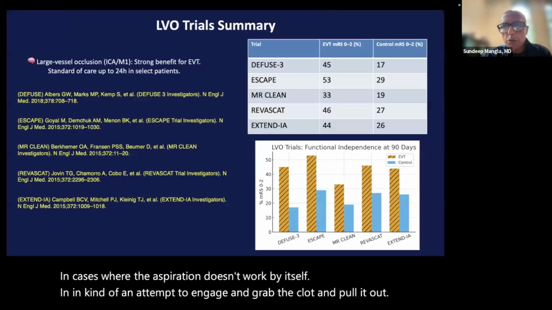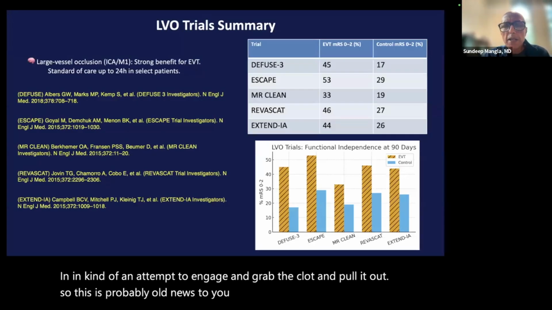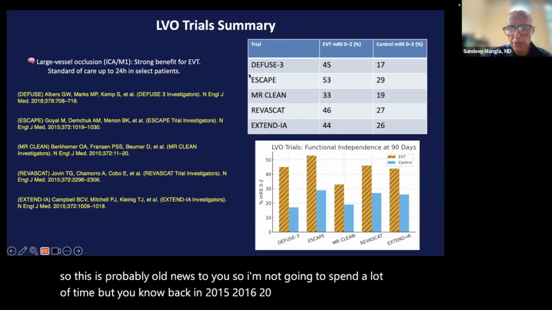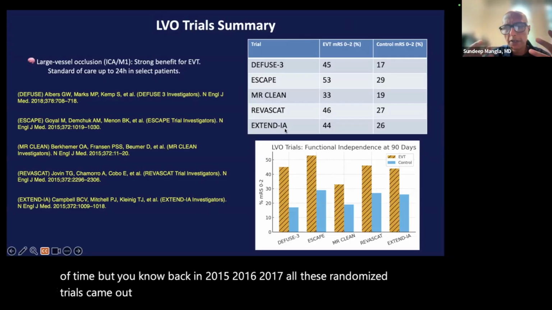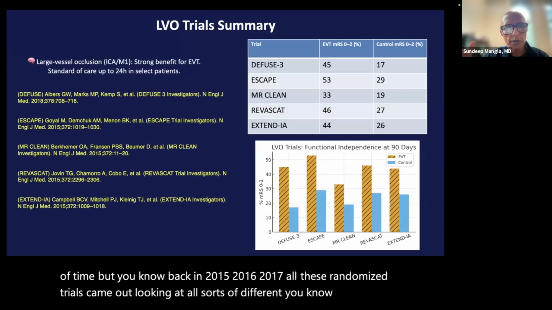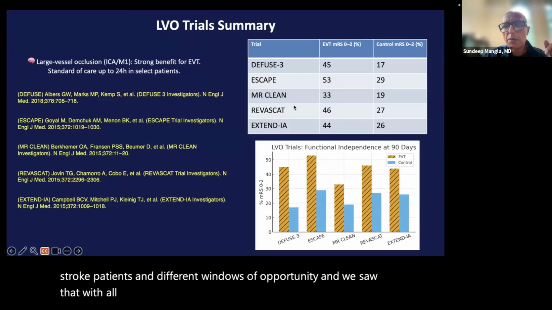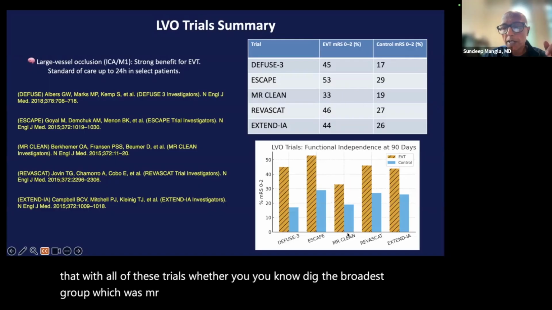So this is probably old news to you, so I'm not going to spend a lot of time. But back in 2015, 2016, 2017, all these randomized trials came out looking at all sorts of different types of stroke patients and different windows of opportunity. And we saw that with all of these trials, whether the broadest group, which was MR CLEAN, all comers, right?